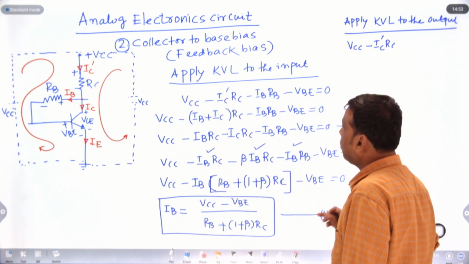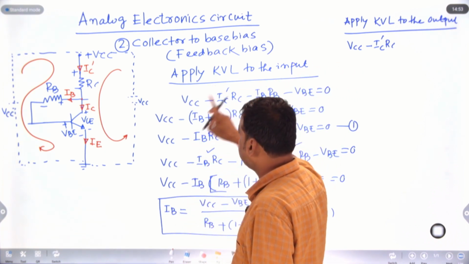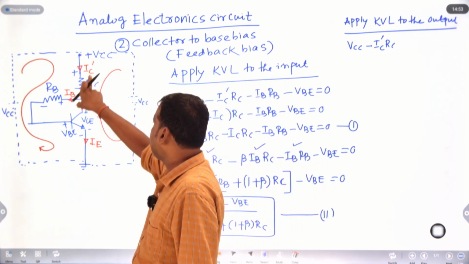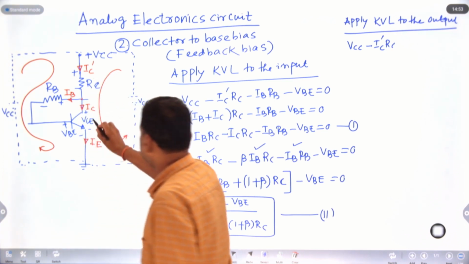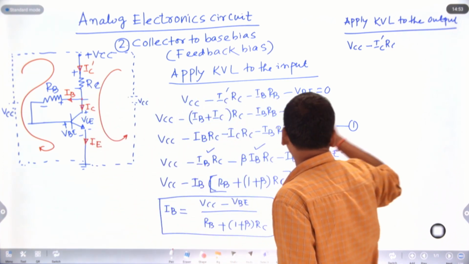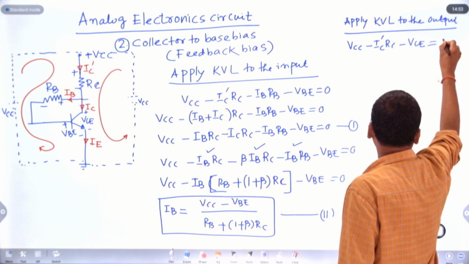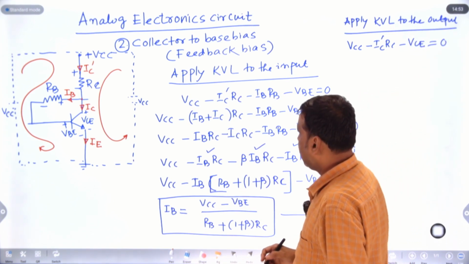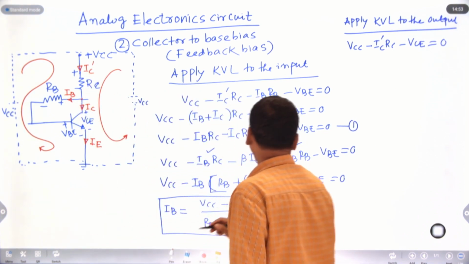So when you apply KVL to the output loop, my output equation will be VCC minus IC dash RC minus VCE equal to 0. IC dash is nothing but IB plus IC.